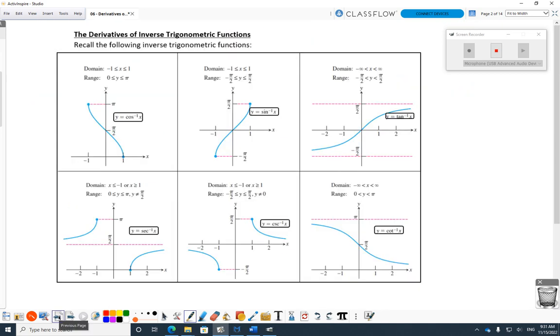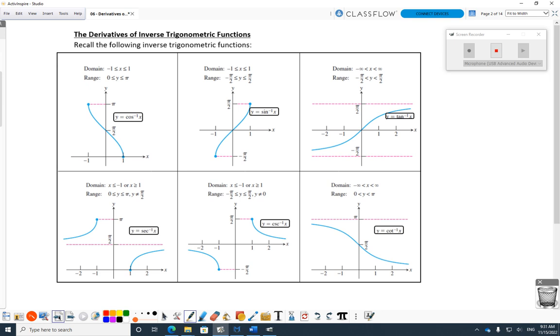What is it about the graph of sine inverse that tells me what choice I should make on the plus minus? You can't go willy-nilly getting rid of plus minuses when they appear. You can't just chuck them out. You've got to look at the situation and go, do I know the situation with sine inverse? Do I know whether the derivative is positive or negative here? It's only positive.